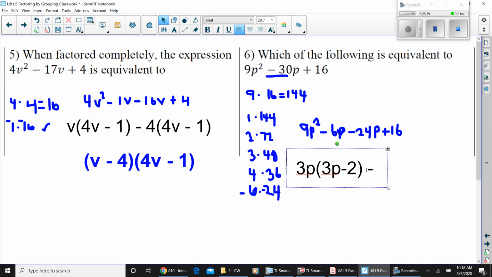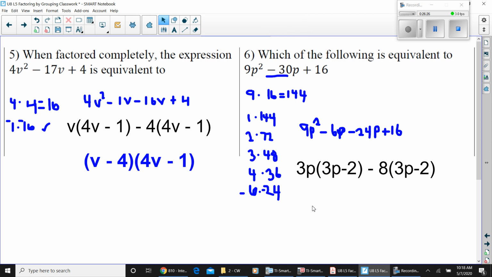Then you minus, and then you're going to look for a greatest common factor between 24 and 16. And that is 8. 8 goes into 16, 8 goes into 24. 3 times, and it would be 3P. And then negative 8 times what equals positive 16. Exactly the same thing as what you have.